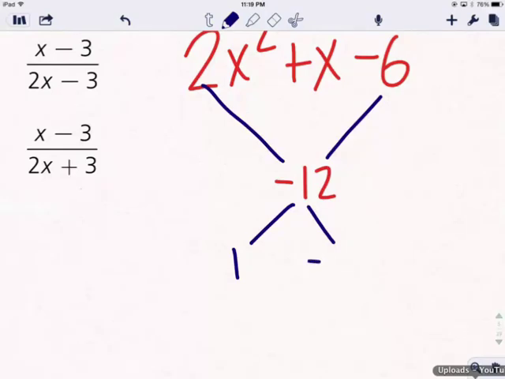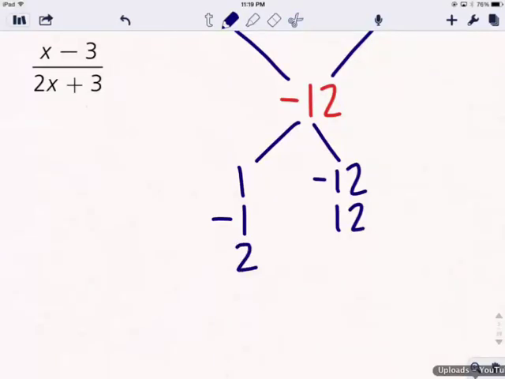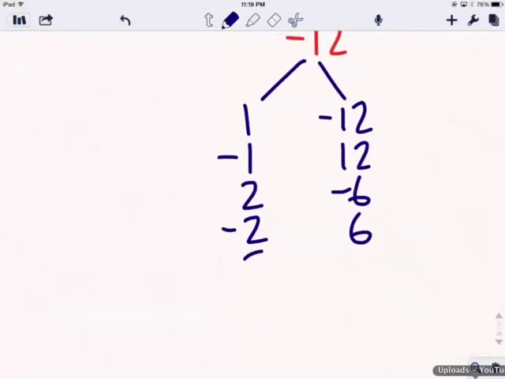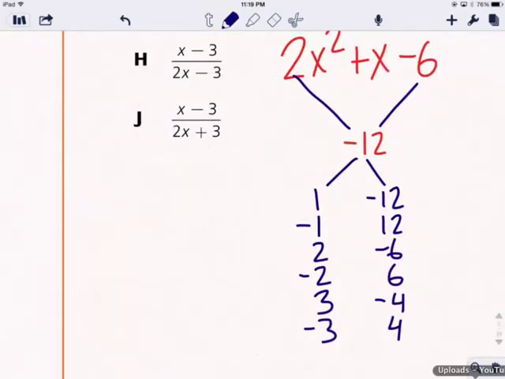So 1 and negative 12 multiply to equal negative 12. Ta-da. 2 and negative 6, negative 2 and positive 6, positive 3 and negative 4, negative 3 and positive 4. Well, which one of these pairs of numbers adds up to the positive 1? Well, it's this pair right here. These guys add up to equal positive 1.